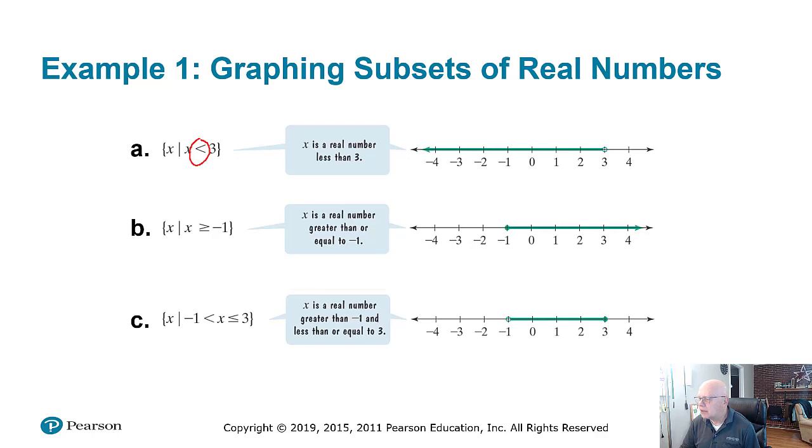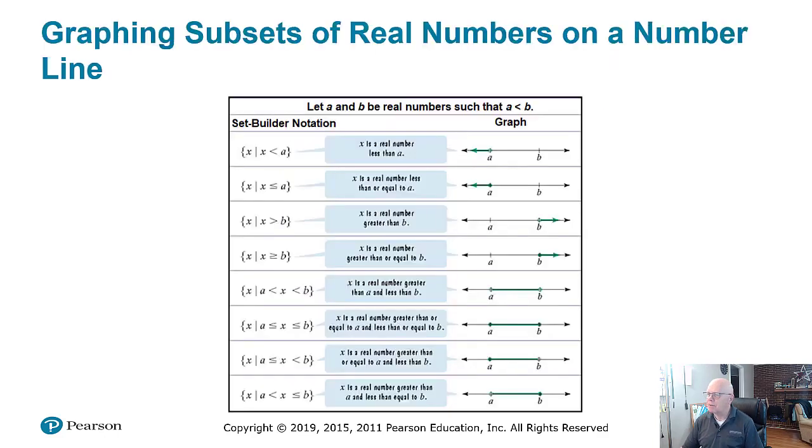And again, -1 and 3 are important points. So at -1, we have an empty dot here because we don't have equals included. And then at 3, we've got a solid dot because we've got an equals included with this inequality. And everything in between is good. So there is our solution set, a visual representation of what it looks like.